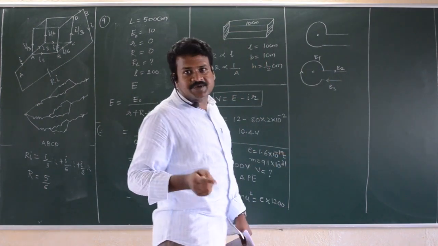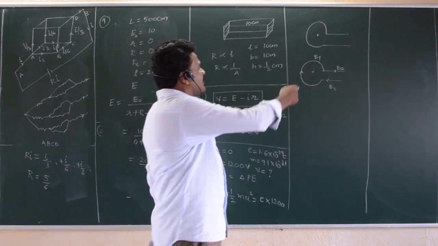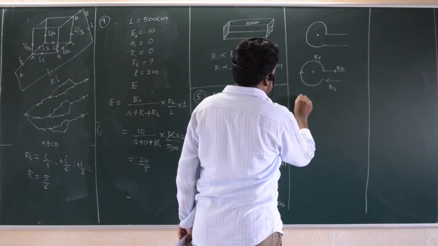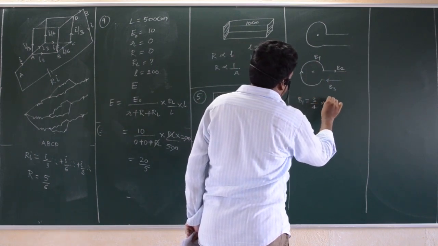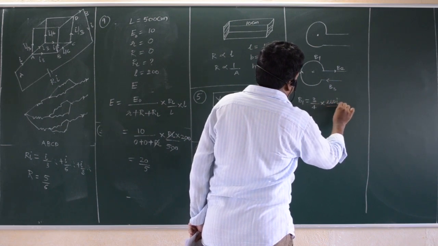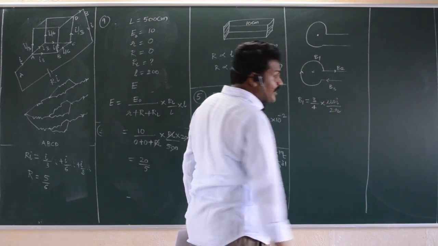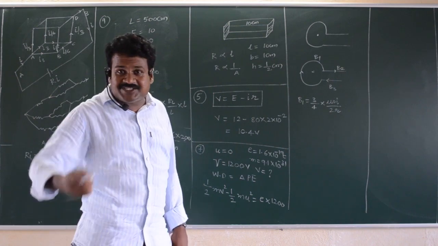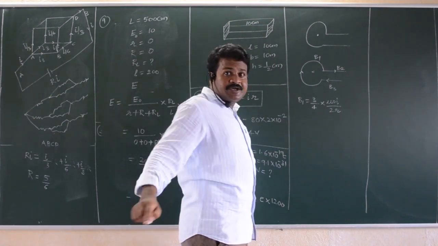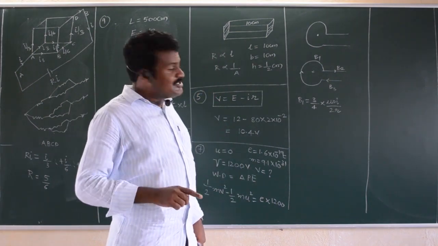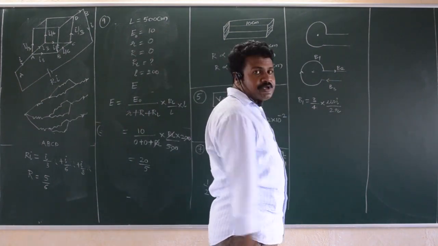So 3 magnetic fields are possible. The magnetic field due to the 3 by 4th of the wire, B1, is equal to 3 by 4 into mu naught I by 2R, because for a complete circle it is mu naught I by 2R, and for a semicircle mu naught I by 4R. If it is 3 by 4th of the circle, it means 3 by 4 into mu naught I by 2R.